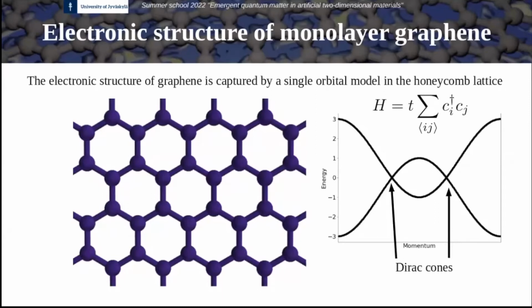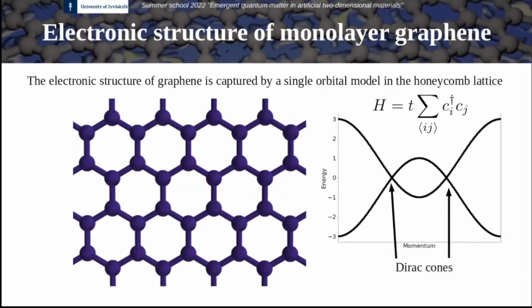Namely, we will not aim at doing full quantum chemistry calculations with all the orbitals and with exchange correlation functionals and so forth, but rather at thinking about what are the lowest energy degrees of freedom in two-dimensional materials and building models that describe how electrons behave in these lowest degrees of freedom.